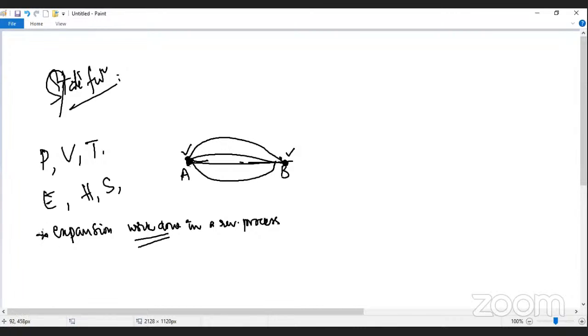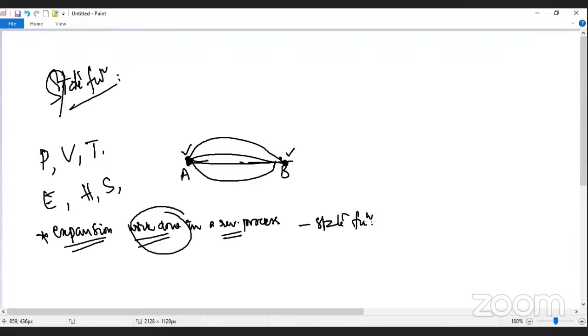But this same work done, in the expansion process as well as in the reversible process, is a state function. Very important. I'll explain at the right moment. We will discuss in detail about each and every process in the future lectures. Expansion work done in a reversible process is a state function.